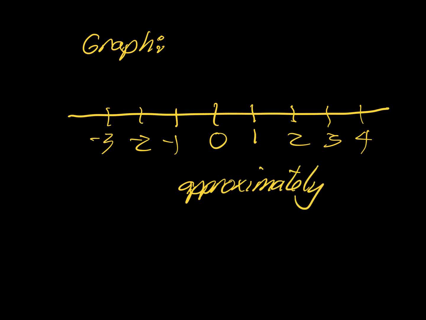And then anything else can be placed in approximately the correct place if you know its decimal representation. So for instance, if I have the square root of 2 and I can find it on a calculator quite easily, it's 1.414. Now it goes on forever. But even though it's irrational, I can place the square root of 2 approximately where it goes on the number line, between 1 and 2, just a little closer to 1 than it is to 2.